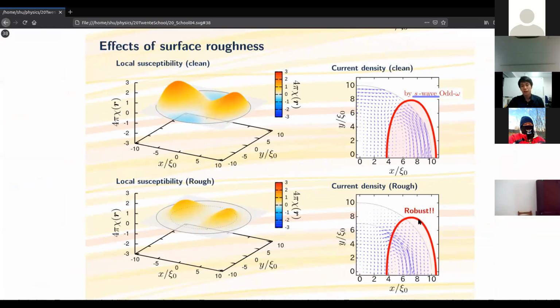And the supercurrent carried by the odd frequency pair is still present even under the surface roughness. By integrating this local susceptibility, we can calculate the susceptibility of this superconducting disk.